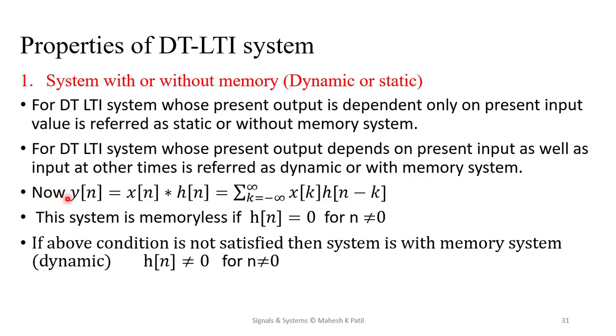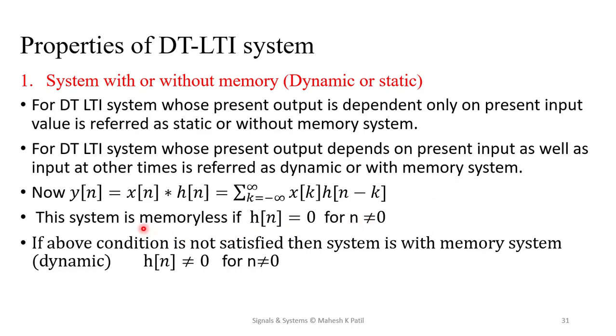So you can write output y of n as x of n convolved with h of n. It can be written as summation k varies from minus infinity to plus infinity x of k into h of n minus k. This system is a memoryless system, that is a static system, if h of n is equal to 0 for n not equal to 0.